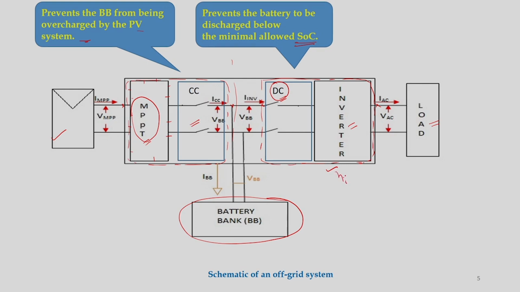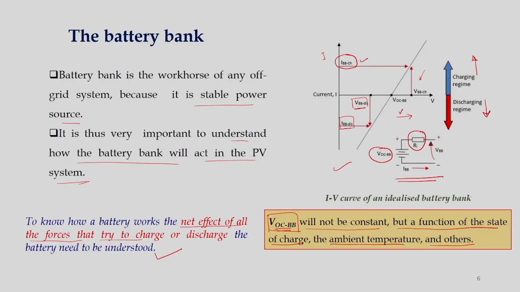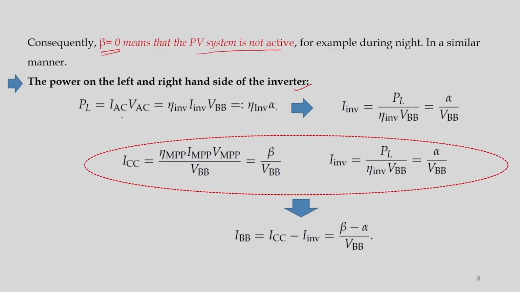So, I_AC, V_AC are the AC current and AC voltage, and the inverter efficiency is known to us. Then I_inverter into V_BB. If we define this parameter as alpha, then I_inverter is equal to P_L by eta_inverter by V_BB. So, this is nothing but alpha by V_BB.